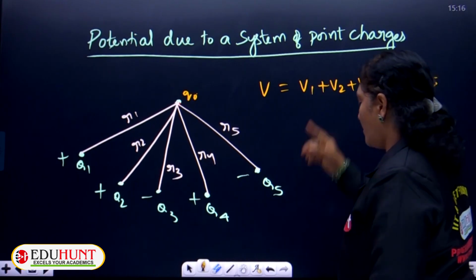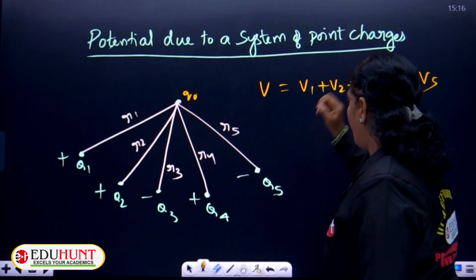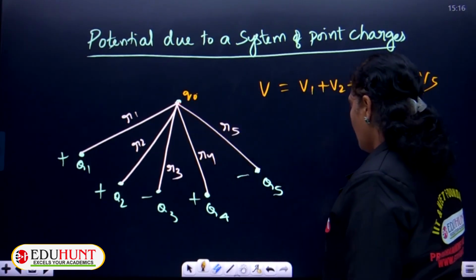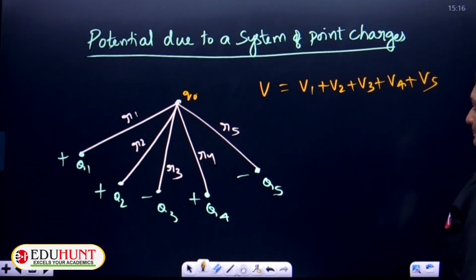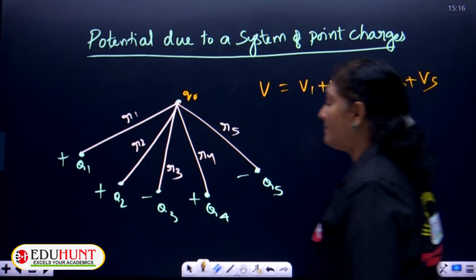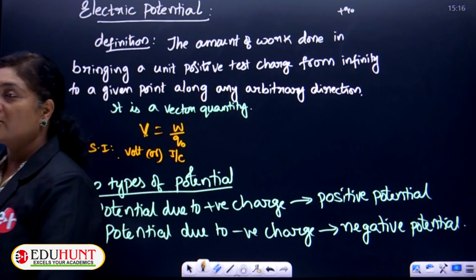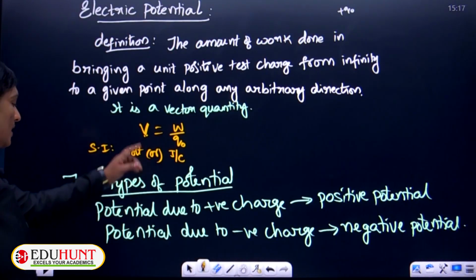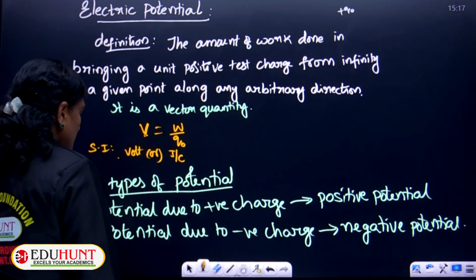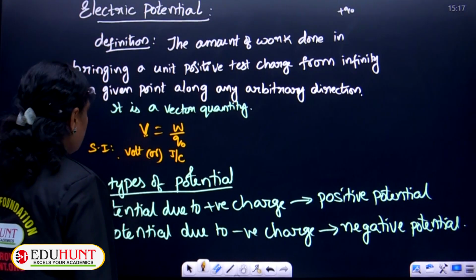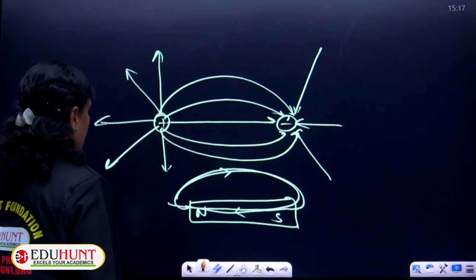That means potential due to the first charge, the second charge, the third, fourth, fifth and so on. And remember, children, potential is nothing but the work done per unit charge.